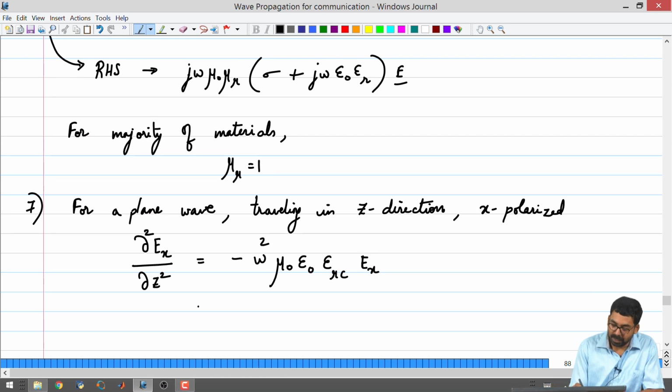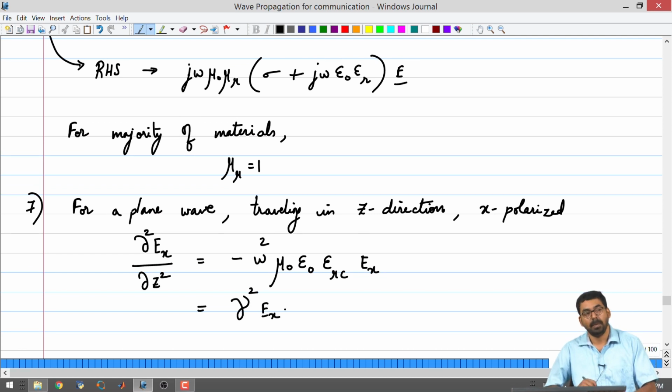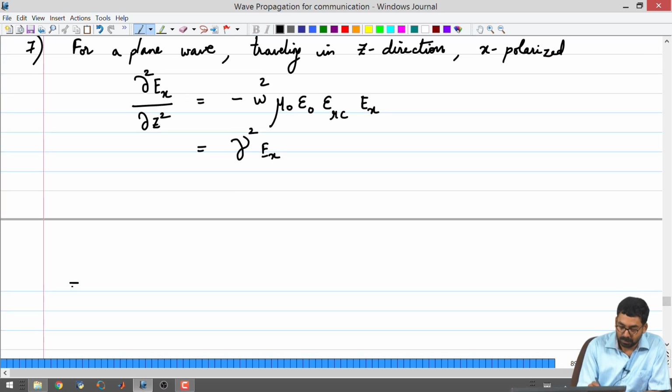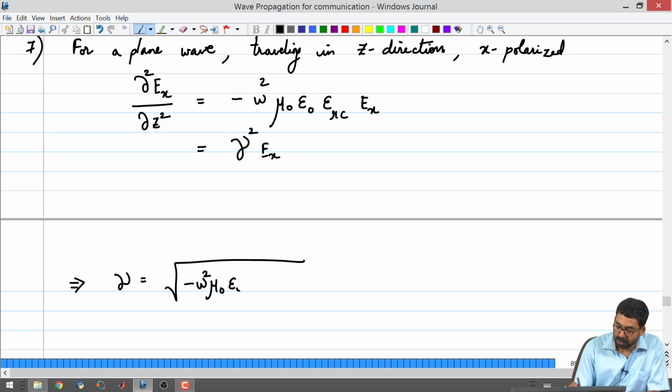Or like we have seen in transmission lines, we can write this down to be some gamma square Ex. Okay. So, which means what we have done is we have created a new variable. Gamma is going to be square root of minus omega square mu naught epsilon RC.